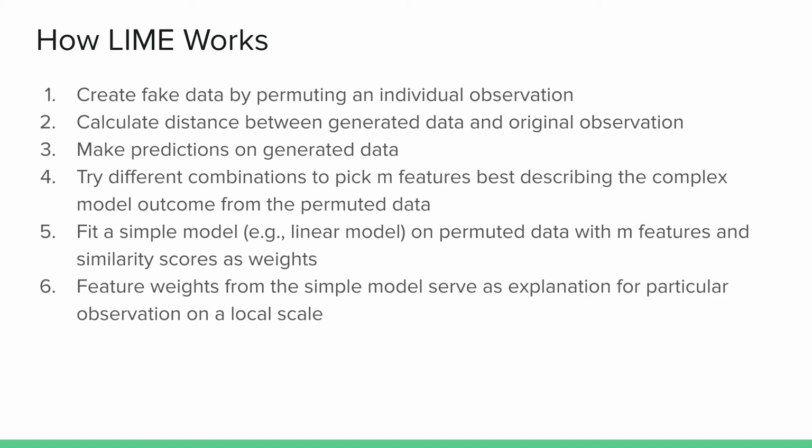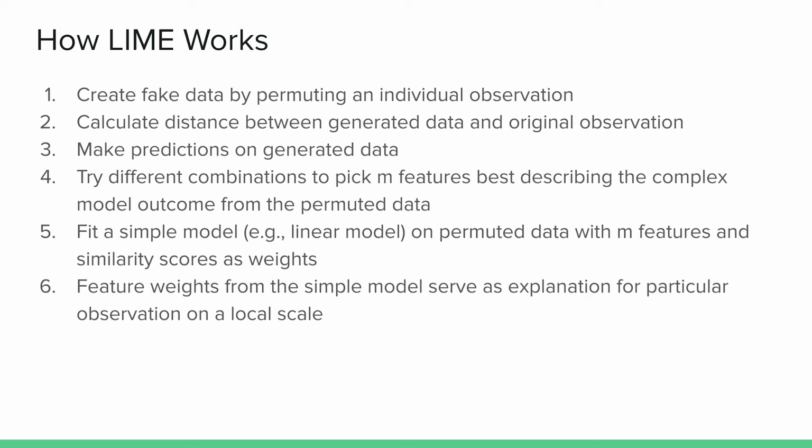And once we ran our predictions through the model, we can try different combinations to pick m different features that best describe the complex model outcome from that permuted data. And if we are able to obtain this smaller set of m features, we can try to fit a simpler model on those features.